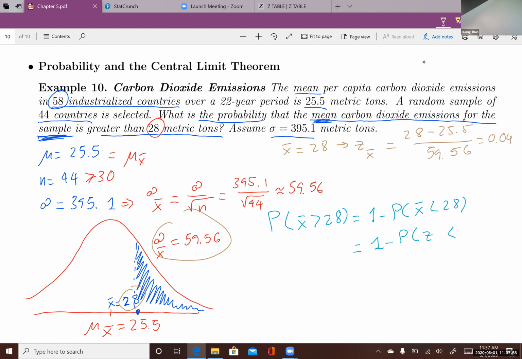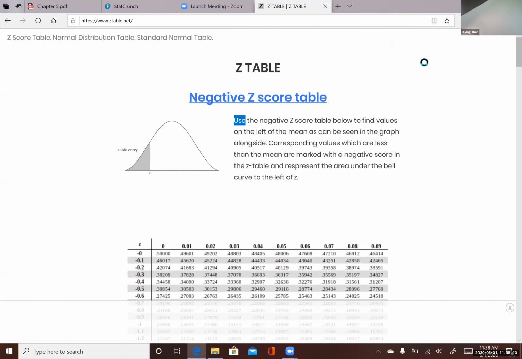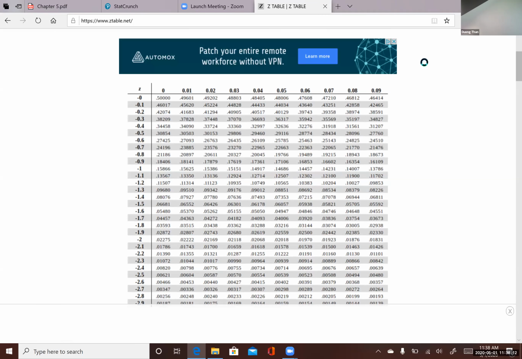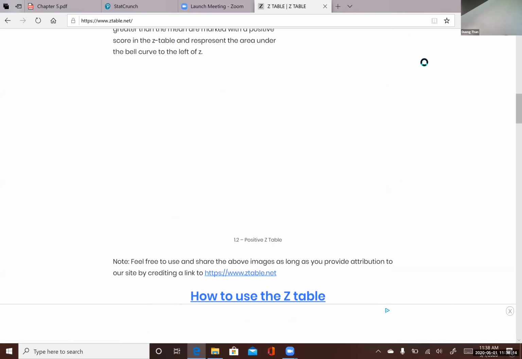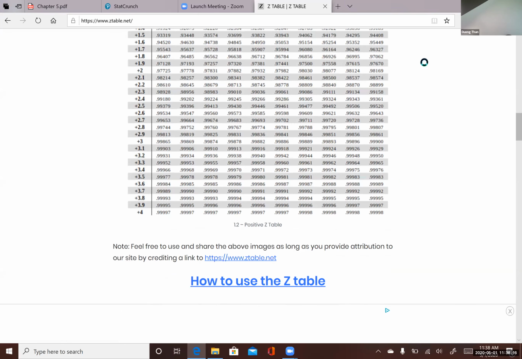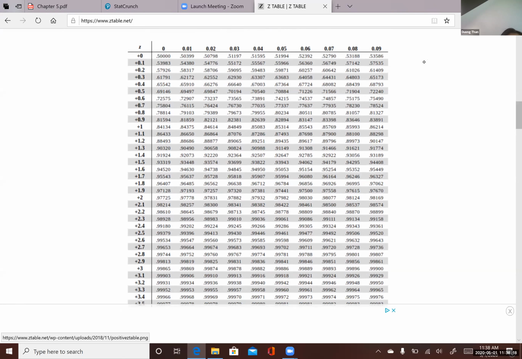Okay, 0.04 is the z value, and I can plug 0.04 into here. And then I can go to my z table to find the probability to the left of 0.04, which is 0.51595.